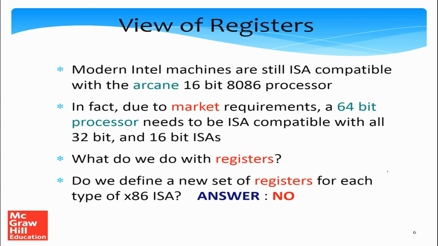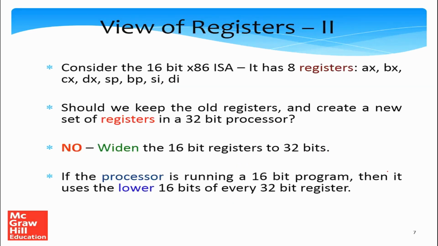Is this a good idea? It's probably not a good idea because we don't have that much space inside the processor, and because of performance constraints, it's not what we should be doing. So we should definitely not define a new set of registers for each kind of ISA, and that's a bad idea, so we have to look for a better idea.